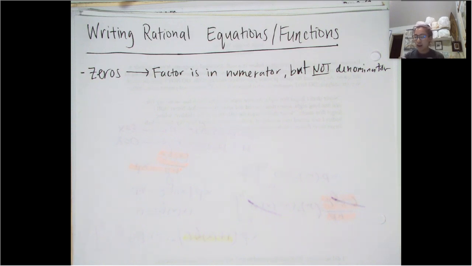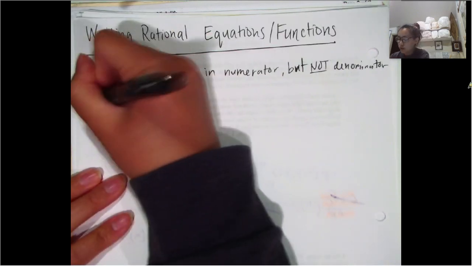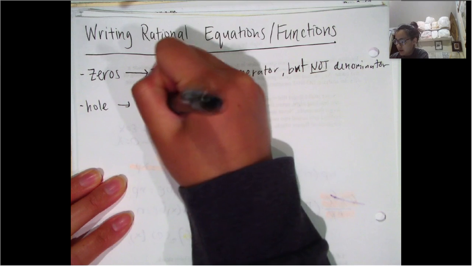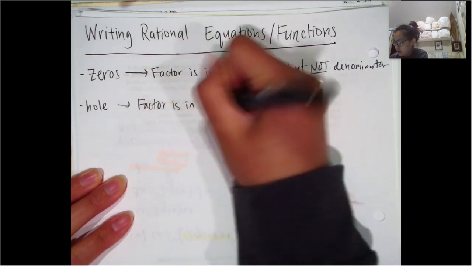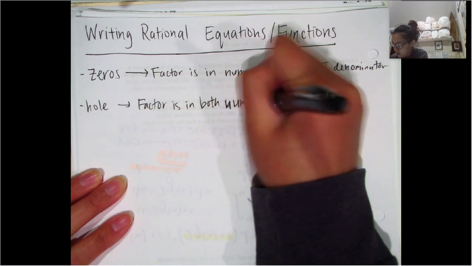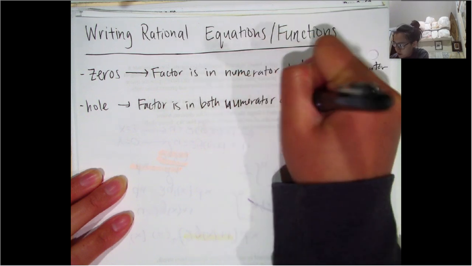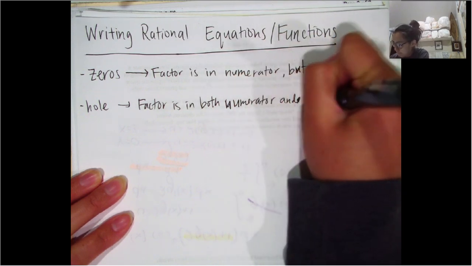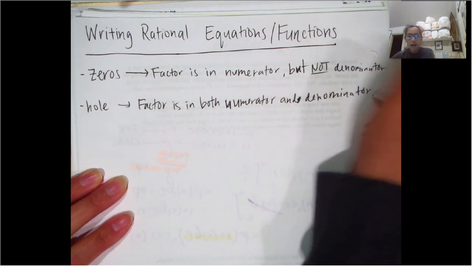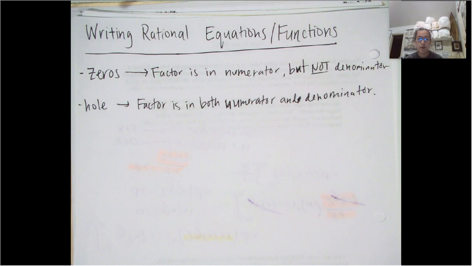And so when you have a hole, that would mean that the factor is in both the numerator and the denominator.